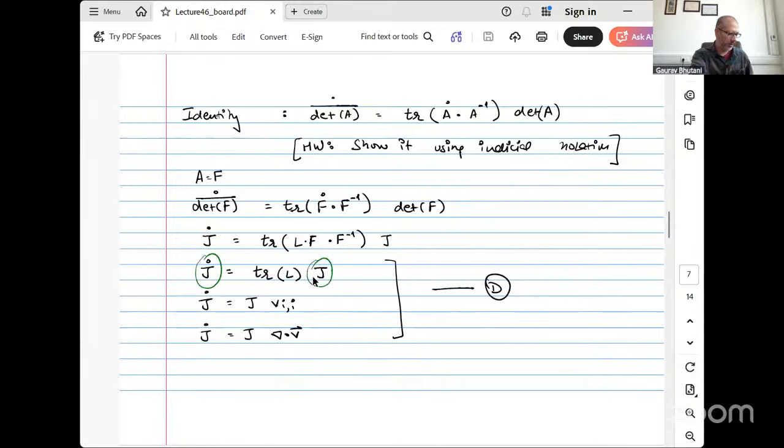That's a very important expression, because we tend to use it a lot, where we express the material derivative of J in terms of J. So this is something we'll see a lot of times. It's a very important identity, and there was a question on that in the forum.